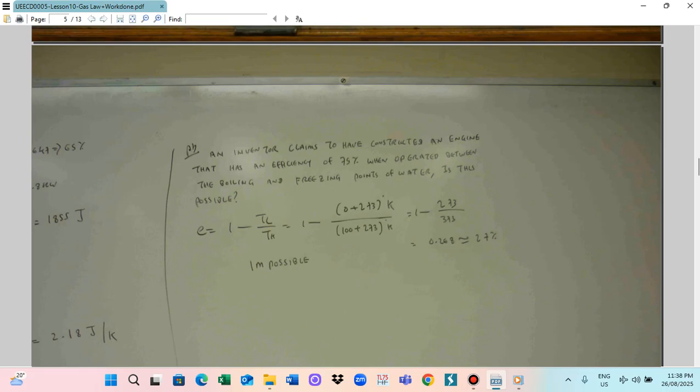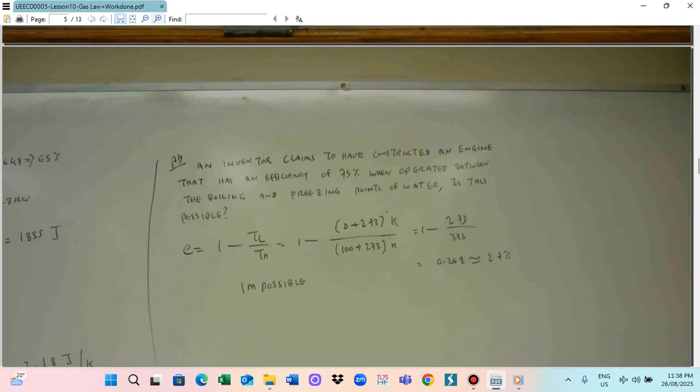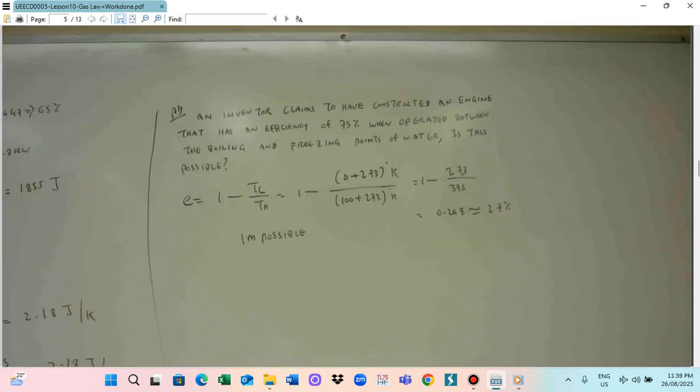The engine has an efficiency of 75% and operates between the boiling and freezing points of water. Is that possible or not? We have to calculate the theoretical efficiency. Here E is equal to 1 minus TL by TH. The low temperature is the freezing point, 0 degrees centigrade, and the high temperature is the boiling point, 100 degrees centigrade.